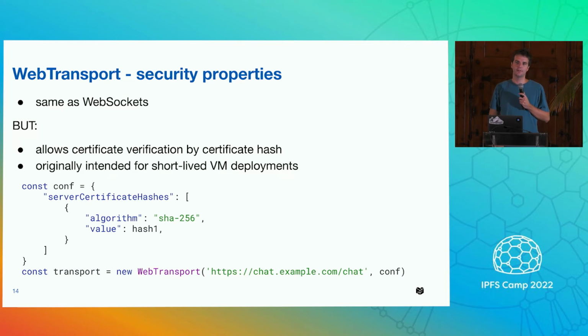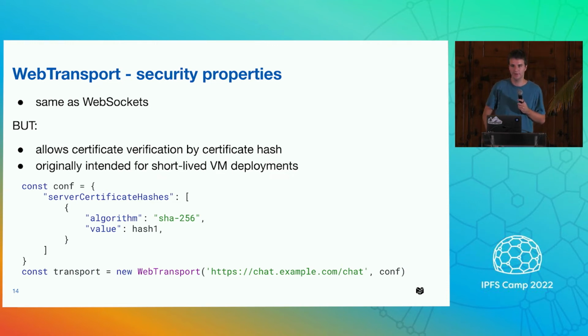But then the W3C, which is the standards body that's standardizing the browser API, introduced a new option. And it's originally intended for short-lived virtual machine deployments. And these virtual machines basically have the same problem as libp2p nodes.